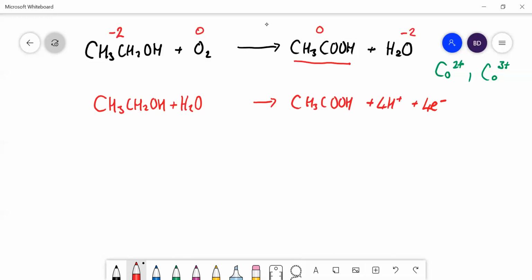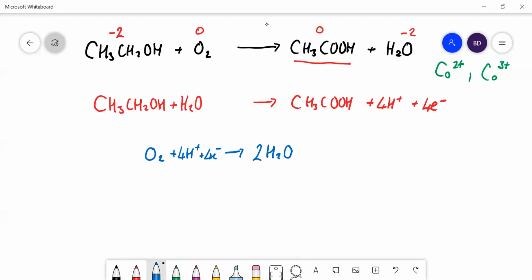And let's do the oxygen half equation, where we've got O2, and that's going to go to H2O. We need to put a 2 there to balance the oxygens. Then we're going to need 4H+ here. And then for charges, we've got 0 charge on the right and +4 on the left, so we need 4 electrons there.